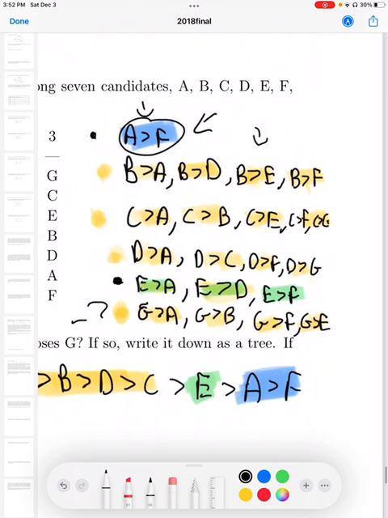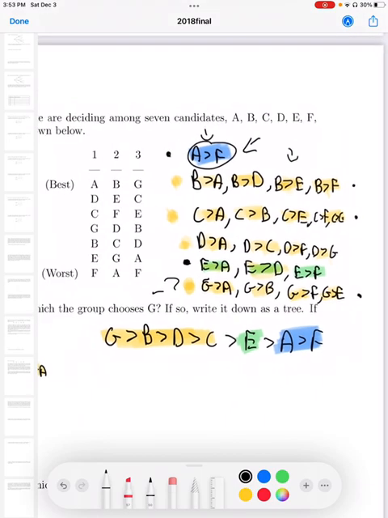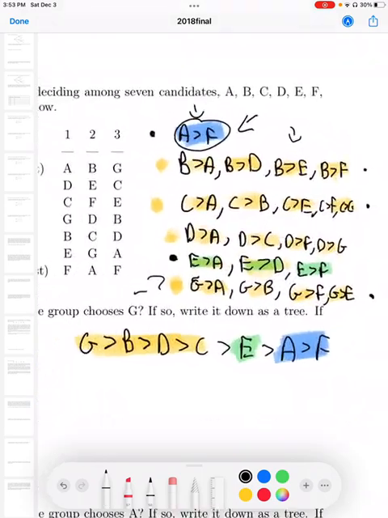So when we go back up here, let's see how many other people dominate B. So C dominates B, and then G dominates B, and I think that's it.